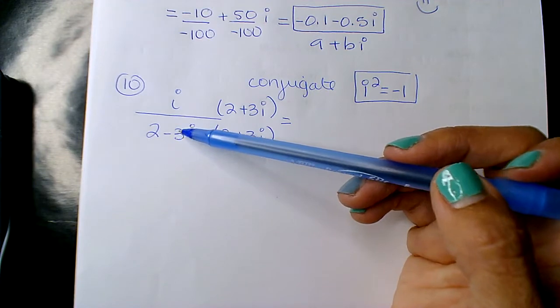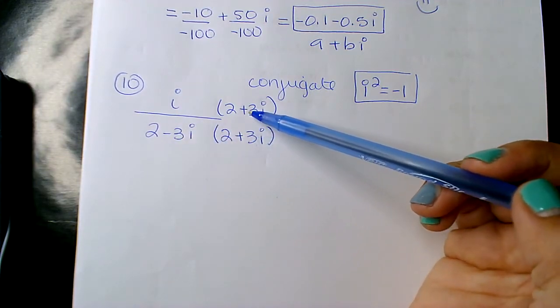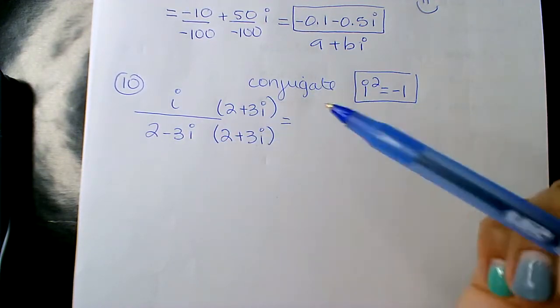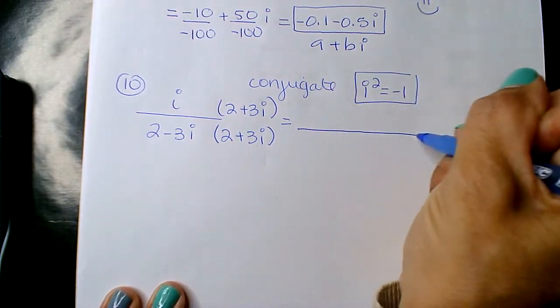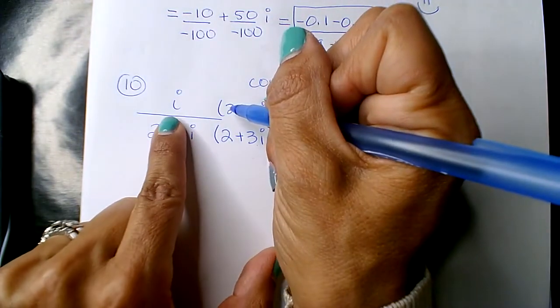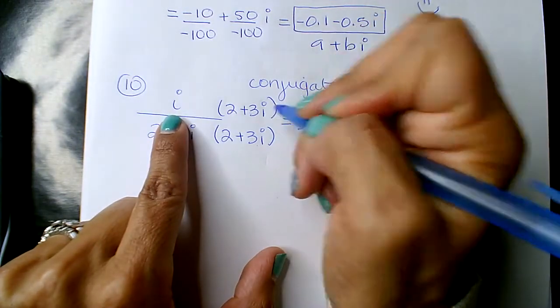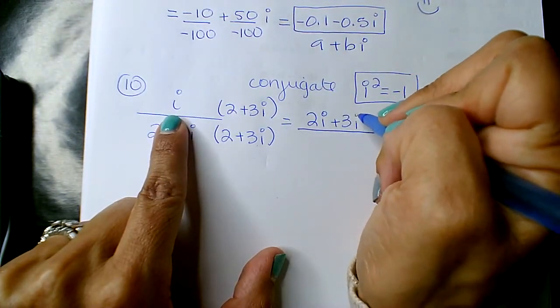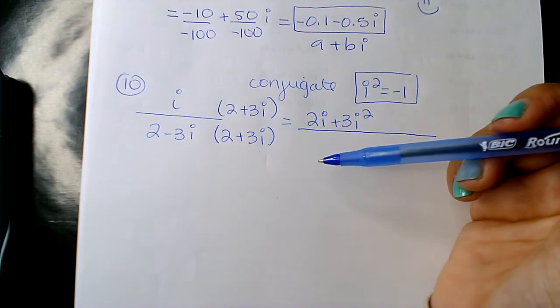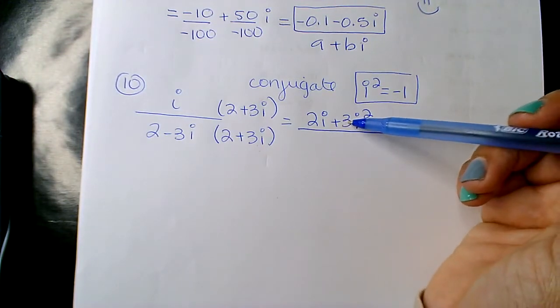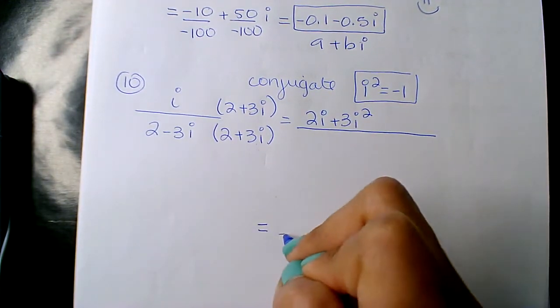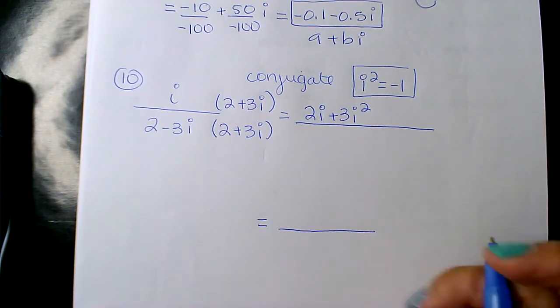So you see a -3i, +3i. Okay, now we've got to multiply. We have to distribute. So i times 2 is 2i. i times 3i is 3i squared. And by the way, for those of you that are picking up on it, hey, Miss Kenny, can I just write, so I'm going to alternatively write it here.